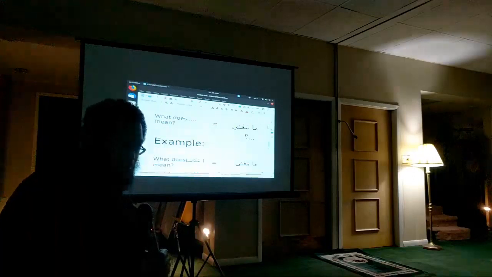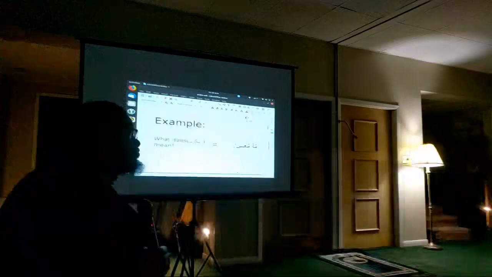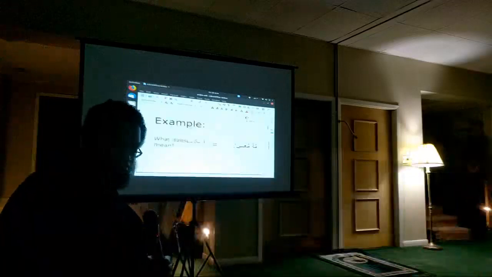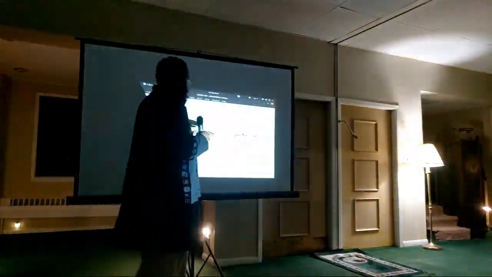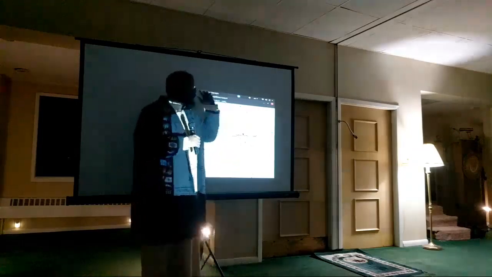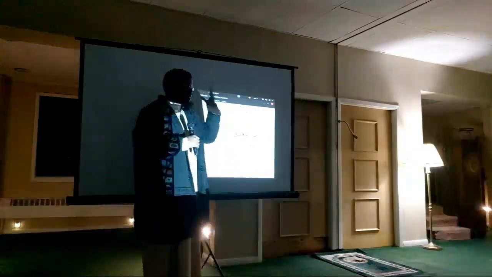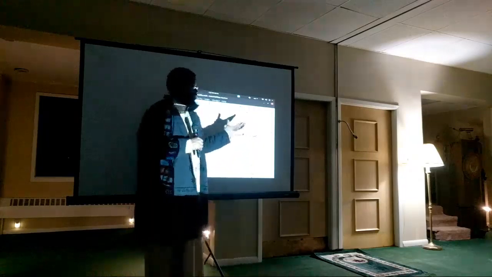I have one question. Yeah, go ahead. For the noon, when there's no fatha above it, is it to assume that since it's followed by a yah? Hold on, you're talking about in ma'na? Yeah. Okay, this is not a yah. It's an aleph actually. But there's two different types of aleph in Arabic. There's aleph maqsura and there's aleph mamduda.